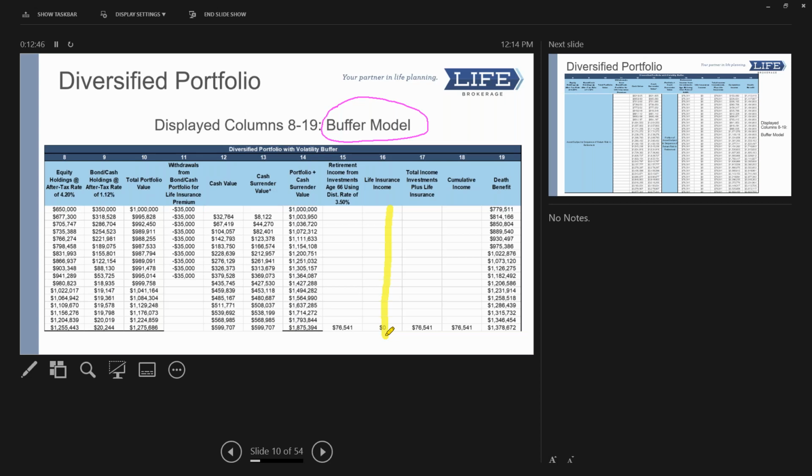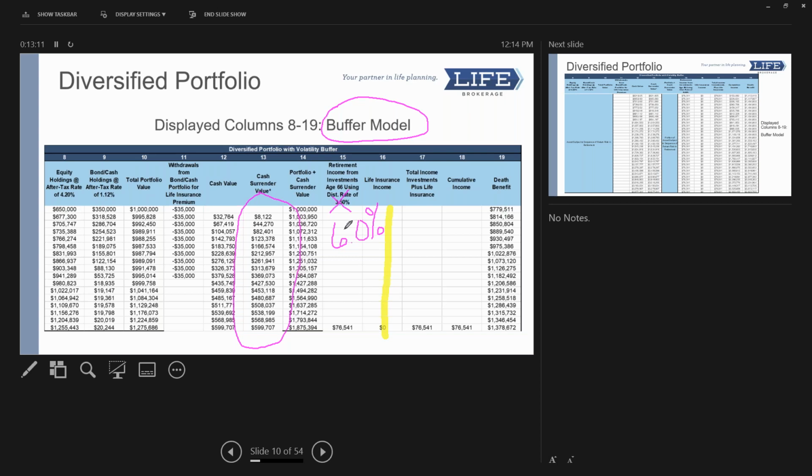So what that means is that I can take more aggressive distributions, where I'm going to cross out the 3.5% distribution rate model, and I'm going to change that to 6%. And I'm able to take a 6% distribution rate because I had this cash value life insurance buffer. So I'm not showing annual income.